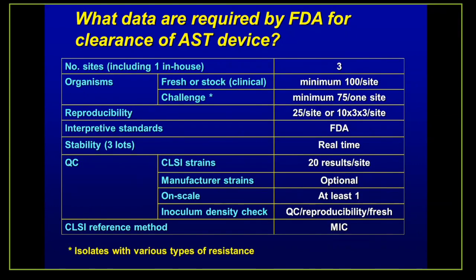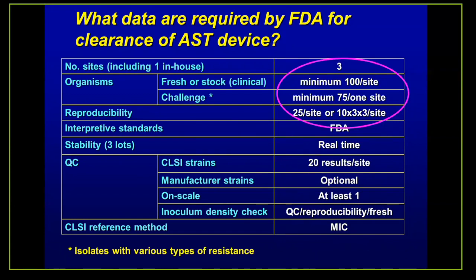What data are required by the FDA for clearance of an AST device? There needs to be a minimum of 3 clinical laboratories used. We want to highlight a couple of the data, particularly the organisms. We want to have a minimum of fresh, not frozen isolates, and we want to have also included in that previously tested stock isolates.